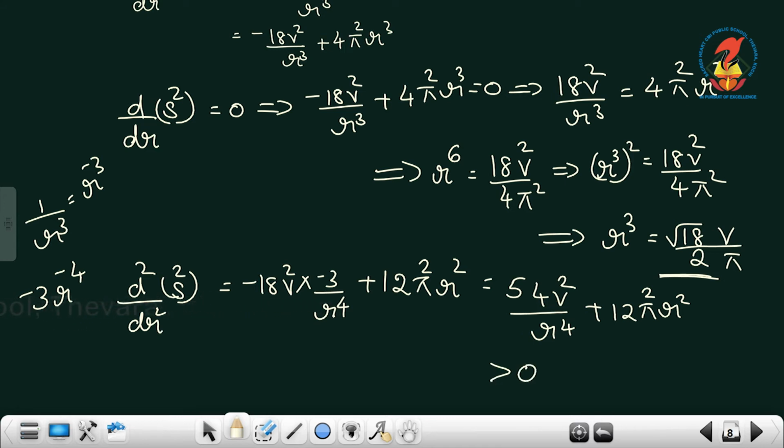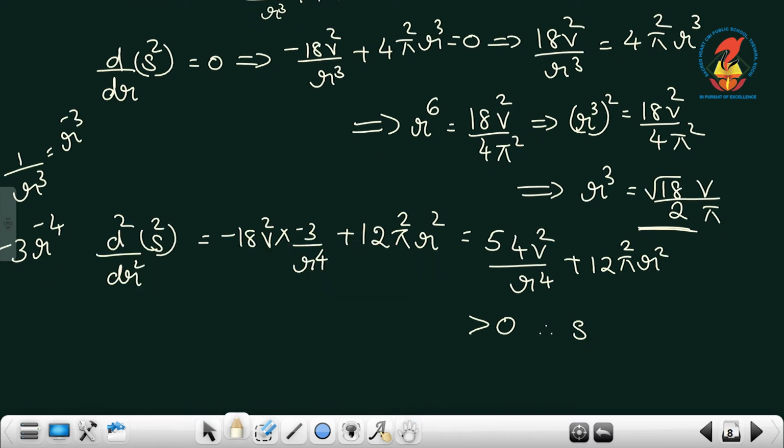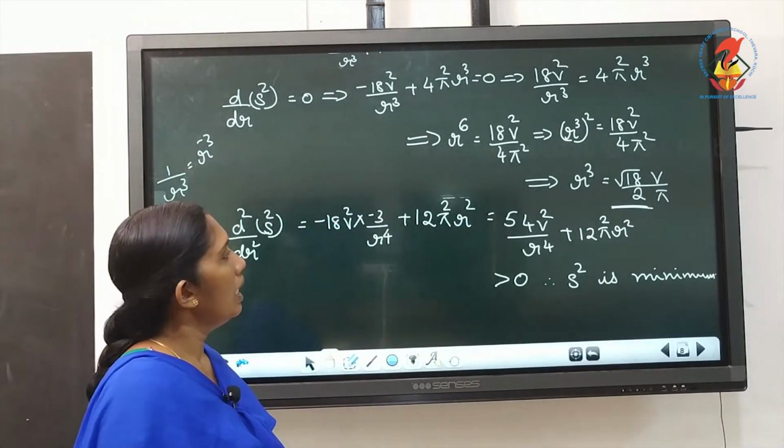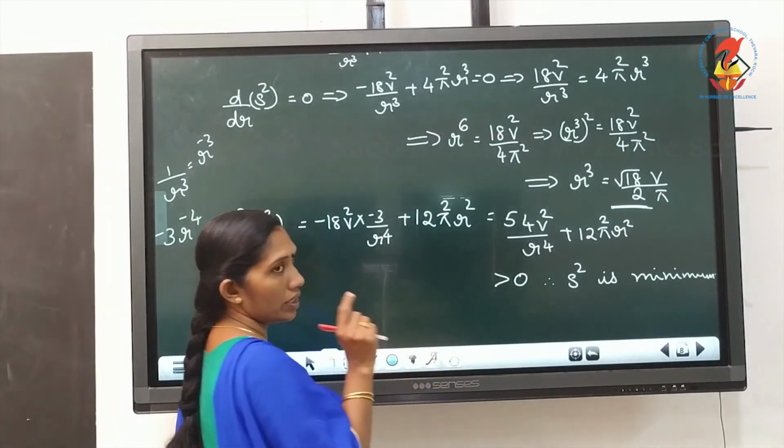That means S square, or surface area, S square is maximum or minimum? Minimum. S square means curved surface area, that is minimum. Now what do we have to find? Altitude.